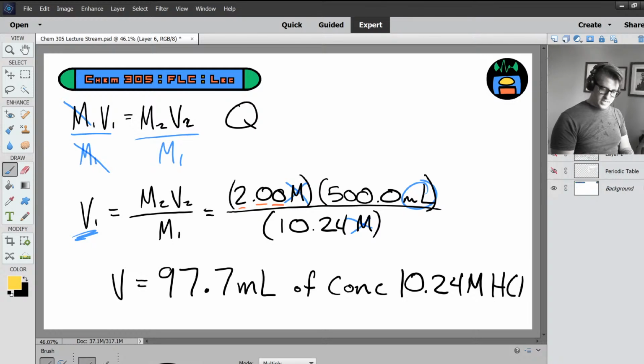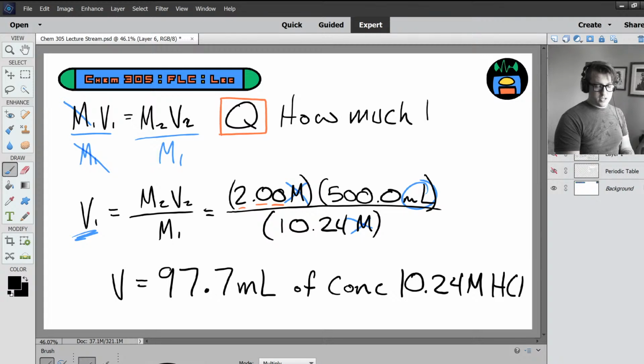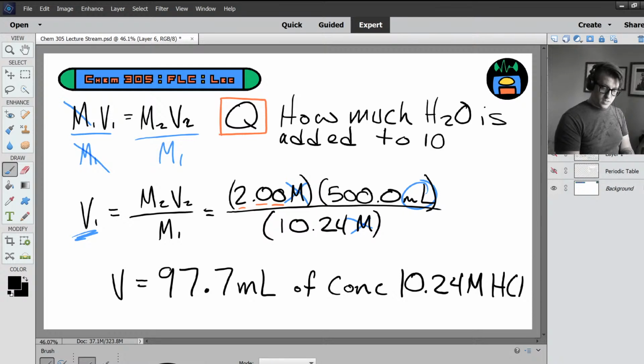Here, if I ask you, at this point, I could ask you, how much water is added to the 10.24 molar HCl?